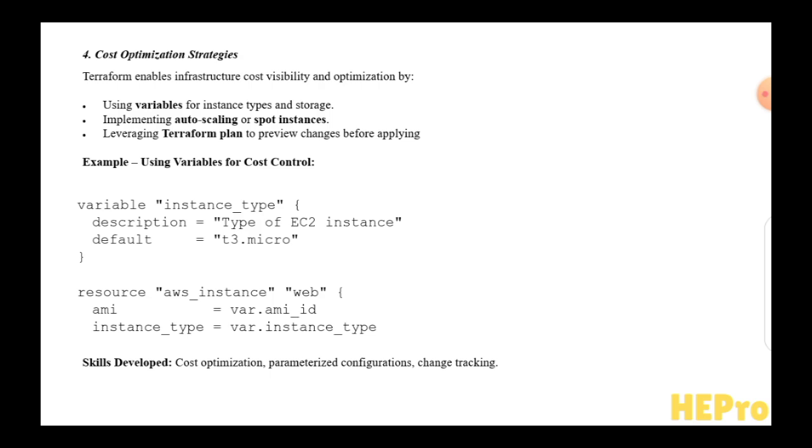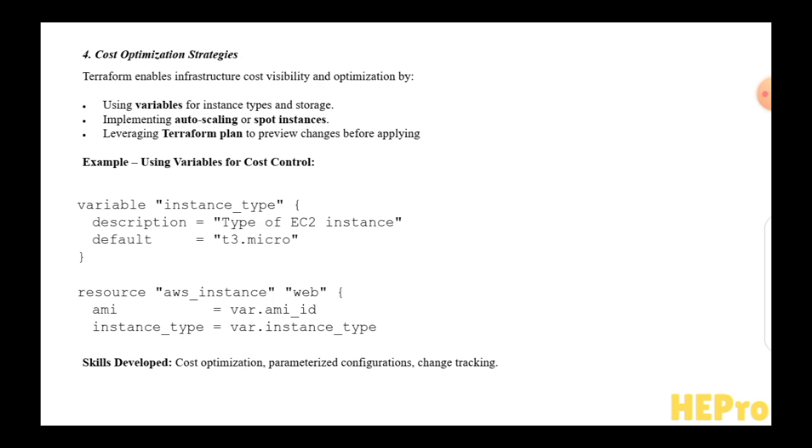You will implement cost optimization strategies here in Terraform by using variables for configurable resources like instance types and storage. This allows you to easily switch to cheaper options like smaller instances or spot instances without changing the code structure.